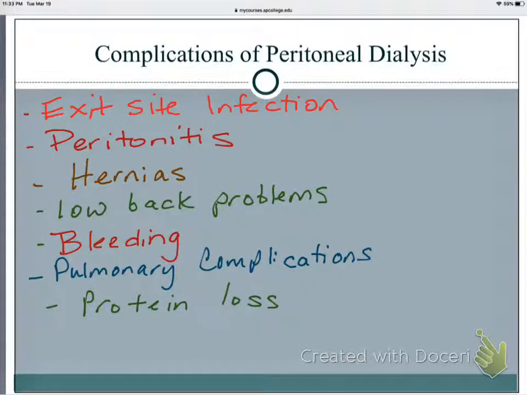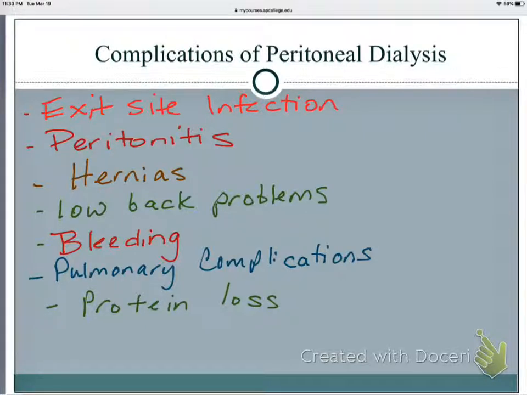Okay, speaking of complications, that's my next slide. We can have exit site infections. In general, it's unlikely that germs from your abdomen, like your GI tract, are going to cause an infection.